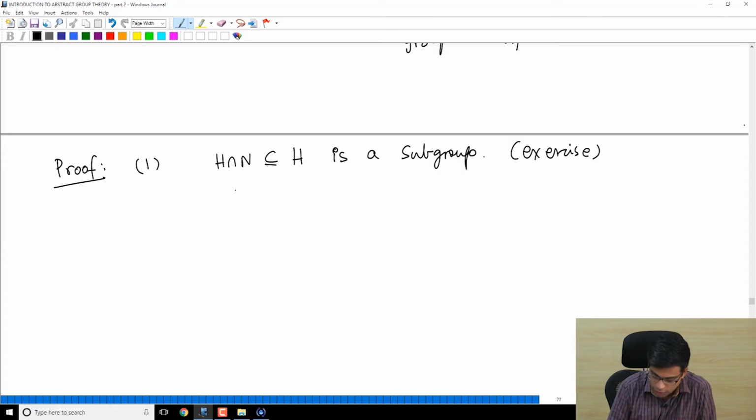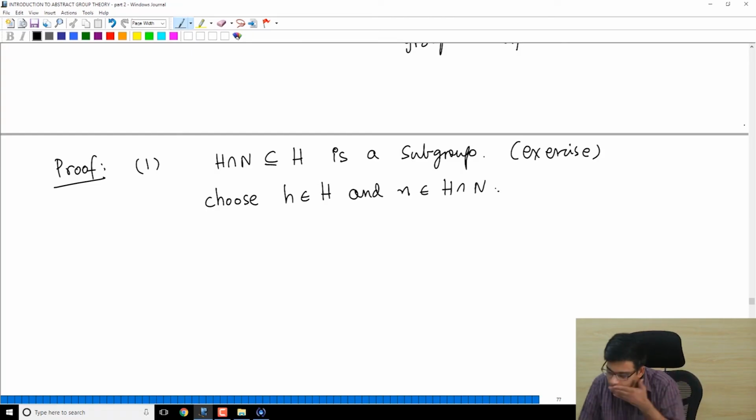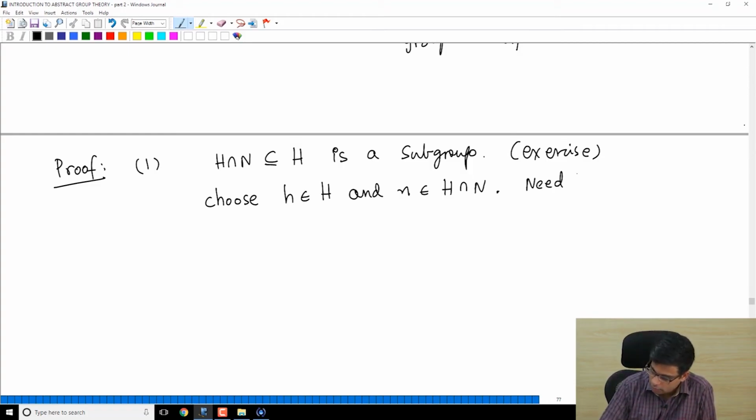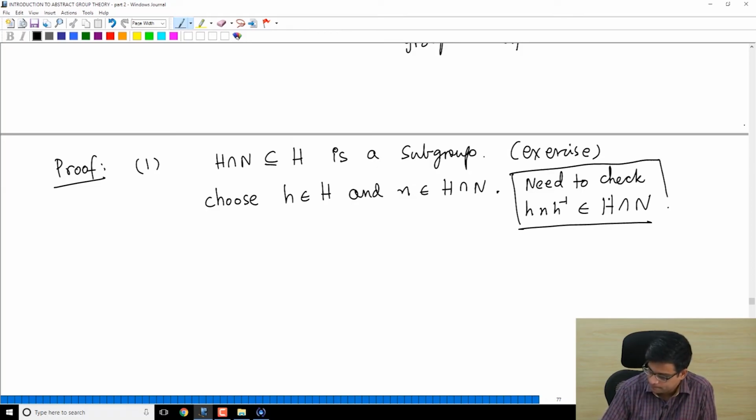So let us choose h in capital H and n in H intersection N. We need to check that h n h inverse is in H intersection N. Right, because this is the definition of a normal subgroup.